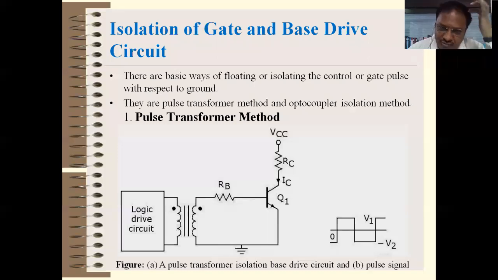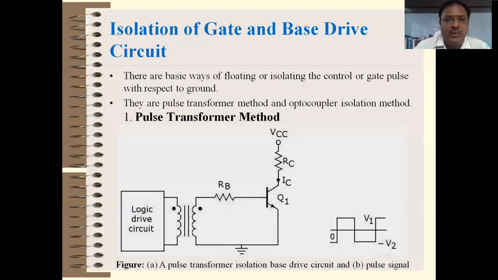Gate drive circuits we will see later on, but before that, we will see the isolation techniques that are required to isolate the power circuit from the gating circuits.